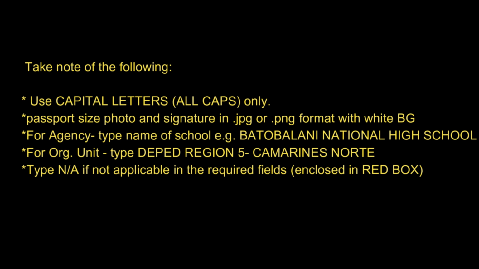So, dun sa mga required field which are enclosed in red box, you need to type NA kung not applicable. Yung mga black boxes, meaning those are fields which are not required. So again, capital letters, agency Batubalani National High School, organization unit DepEd Region 5 Camarines Norte.